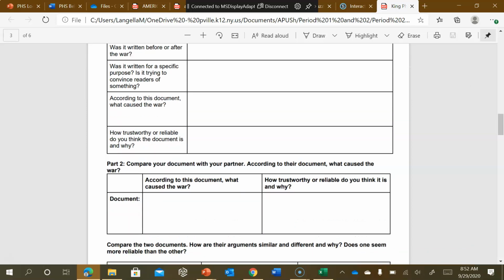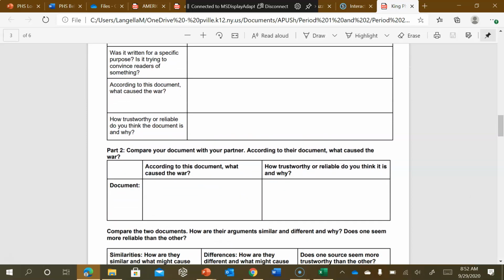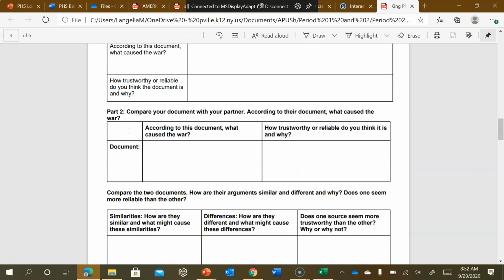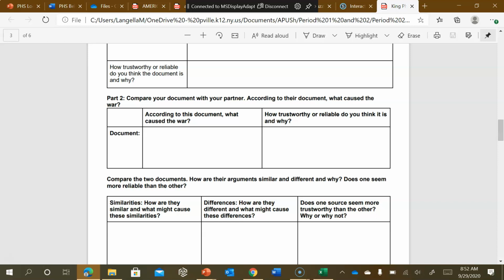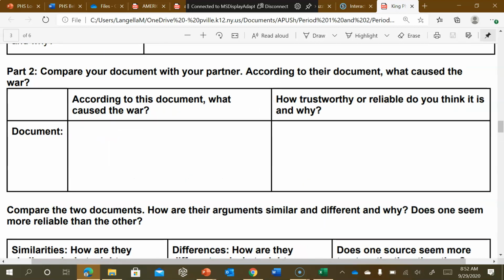Good. So what I want you guys to do is, since we all kind of understand the context of both documents now, I'll let you compare with one another, right? What caused the war? I want you to give me some list of things that would go into these little sections here. You can do bullet points if you want.